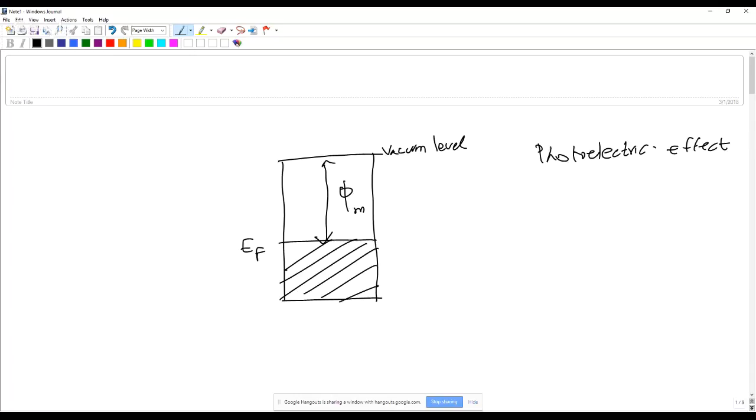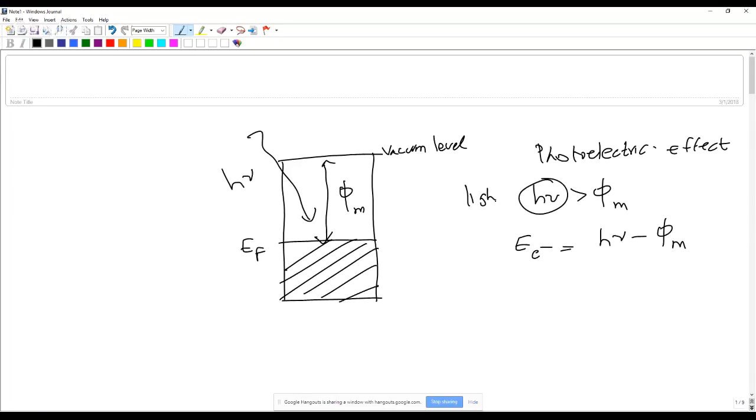The photoelectric effect states that if I shine light of some energy h nu, and h nu is greater than the work function, I'm going to remove electrons from my metal, and the energy of the electrons is nothing but h nu minus phi m. So h nu is the energy of the light. Another way of writing this is hc by lambda.